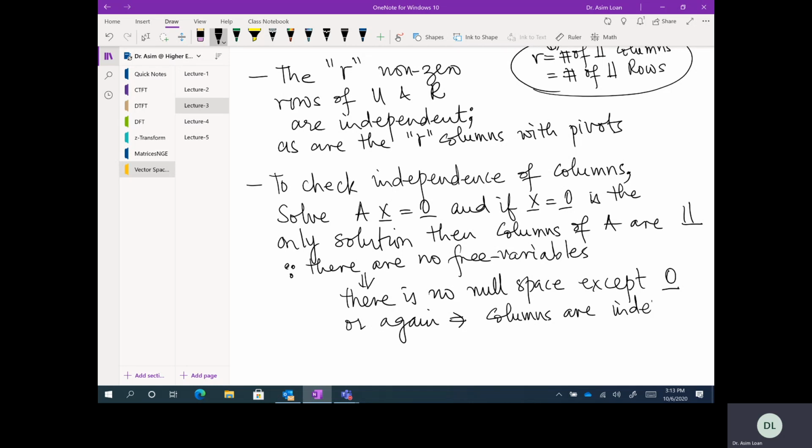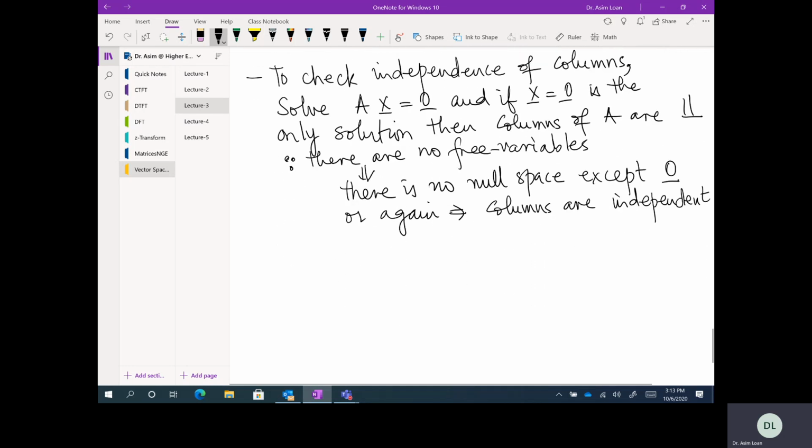So there are multiple statements that actually give you the same conclusion when the columns are independent. I'll write that down at the end of this lecture.